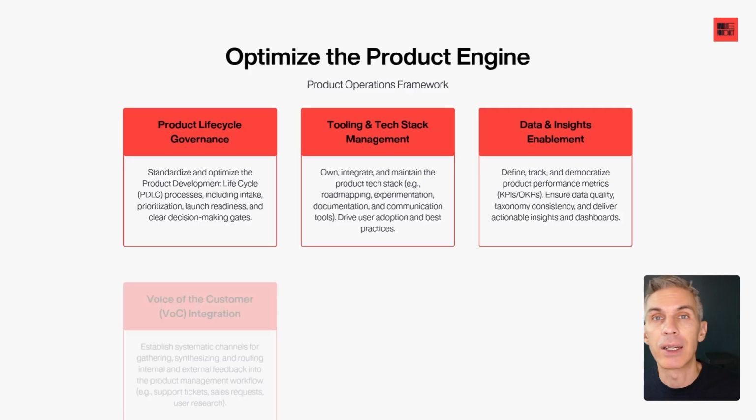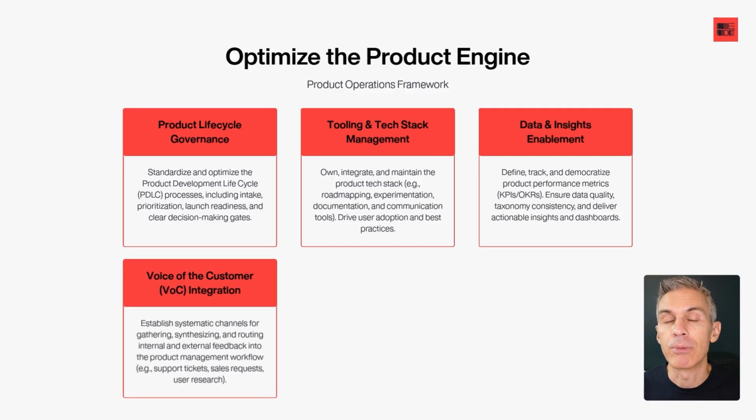The next responsibility is going to be the voice of the customer's integration. So they had to be able to help teams have systematic ways or channels of gathering and synthesizing and really processing all that information that they're getting from the different customers. Many times product management is not great at doing this.